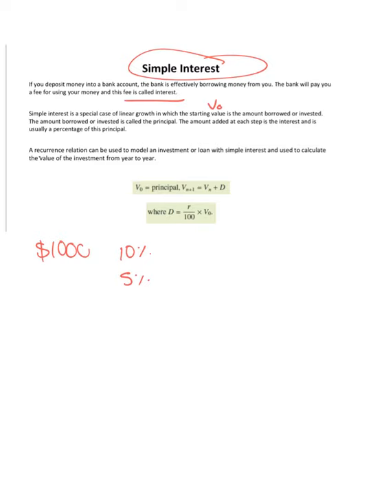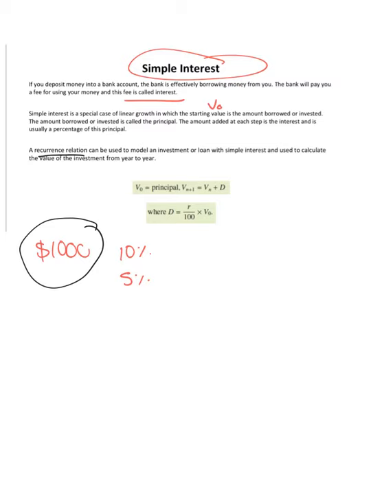A recurrence relation can be used to model the investment or the loan and to find the value of the investment from year to year. So the recurrence relation that we use for simple interest is V0, the principal, the original amount you invest. Like I said, I might have invested $1,000.